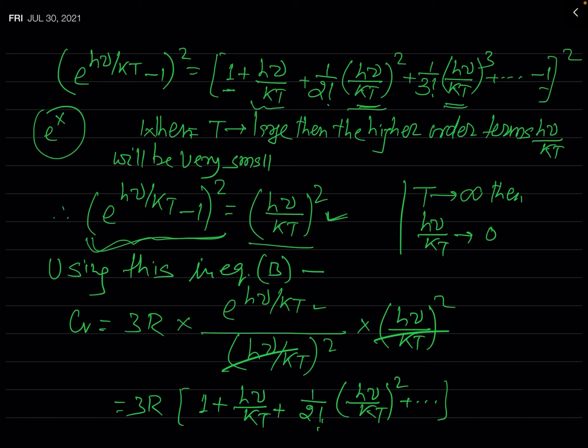So all the terms inside this square bracket containing this factor h nu by kT can be assumed to be 0 when temperature is very large. So this term is 0, this term is also 0. So inside this square bracket there will remain only 1. So in this condition the expression for Cv will be simply equal to 3R.